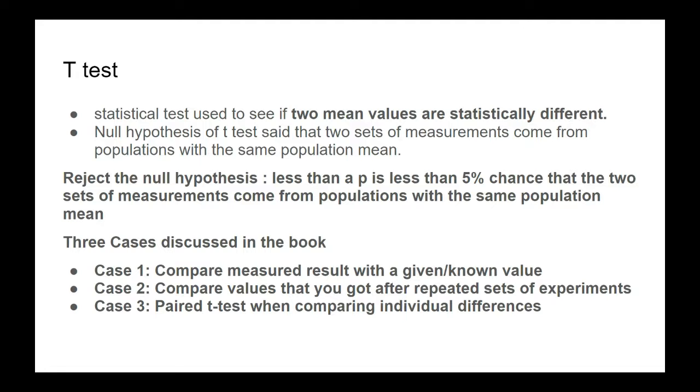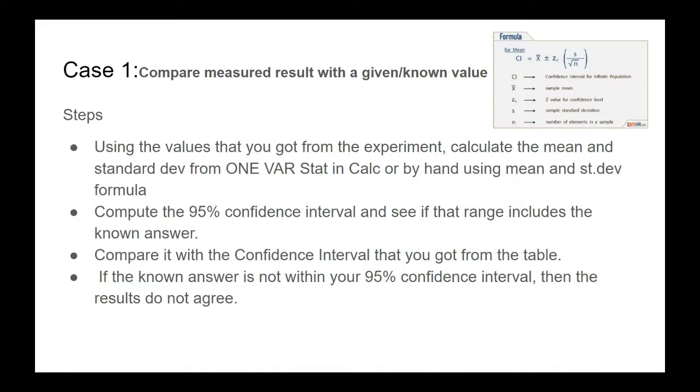In case two, we compare values that you got after repeated sets of experiments. Case three happens when you're using a paired t-test when comparing individual differences. So for the first case, this occurs when you're comparing measured results with a given or known value.